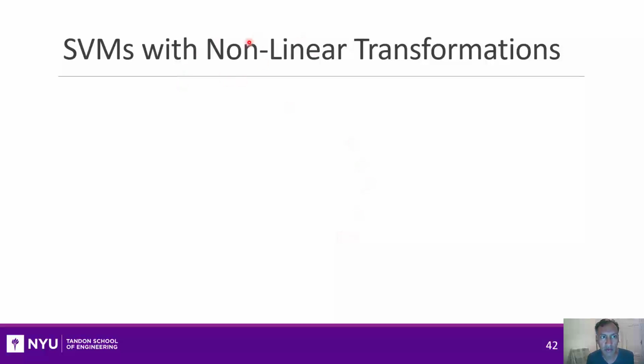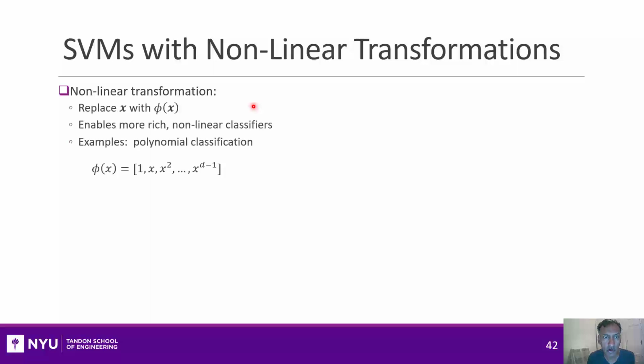And their relation happens whenever we use SVMs with nonlinear transformations. So what do we mean by a nonlinear transformation? If you recall from even right back to the very first lecture on multiple variable linear regression, whenever you're doing a linear regression or a classification problem, you can always replace the x with some nonlinear transformation.